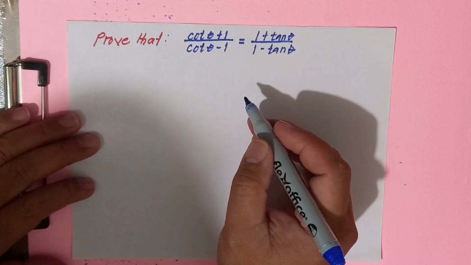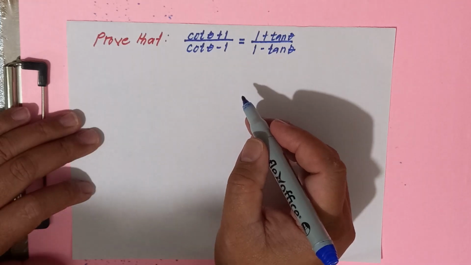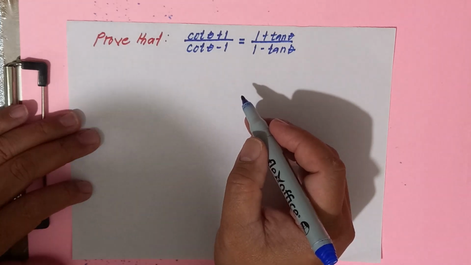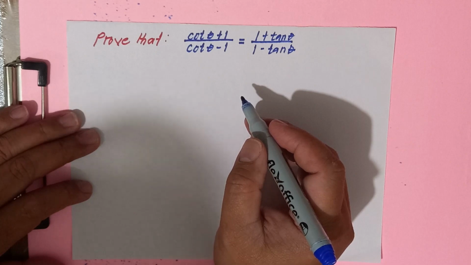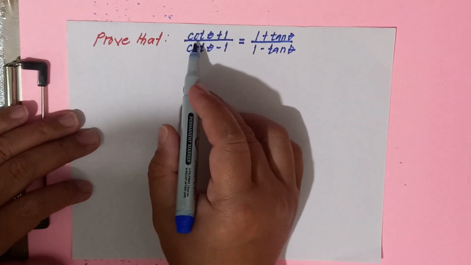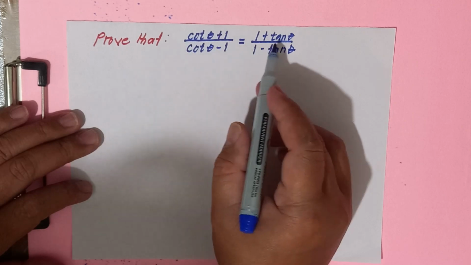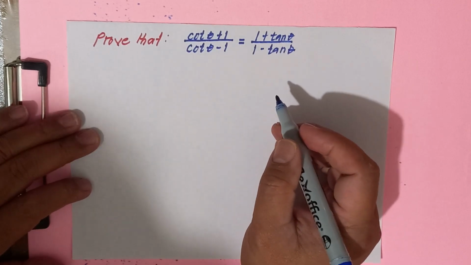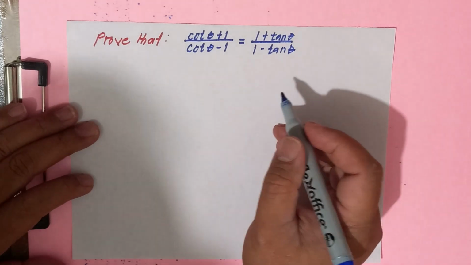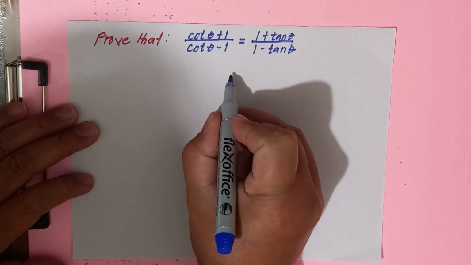Okay, so again, how are we going to do the problem? You try to recall the basic identities, and then of course you simplify them according to the instruction of the operation involved: addition, division, subtraction.